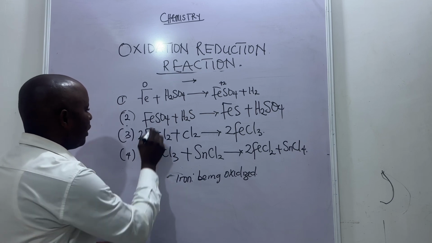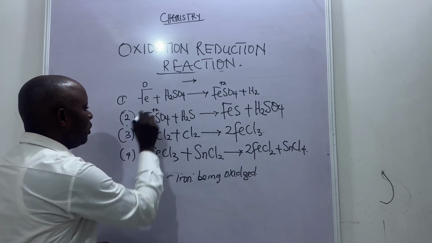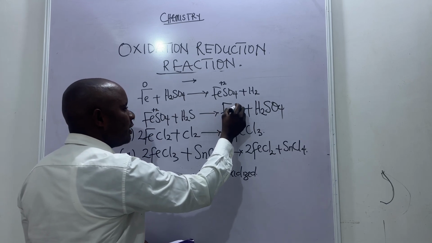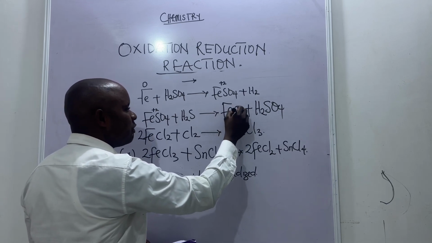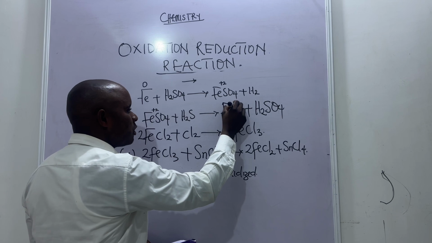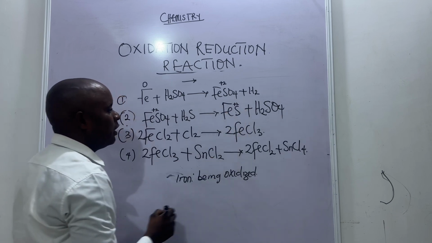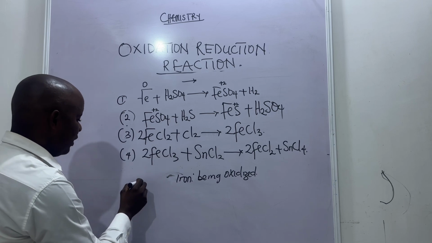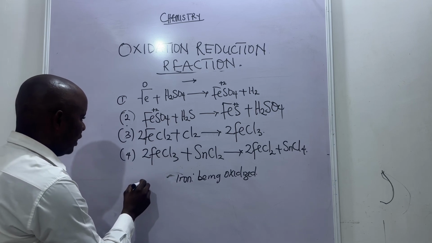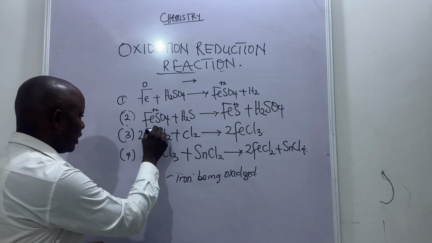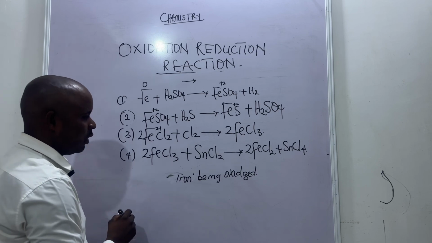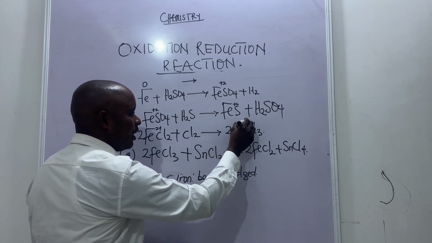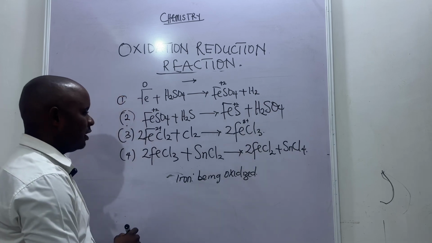In hydrogen sulfide, sulfide is -2, so iron here will be +2 as well. It's going to be +2.